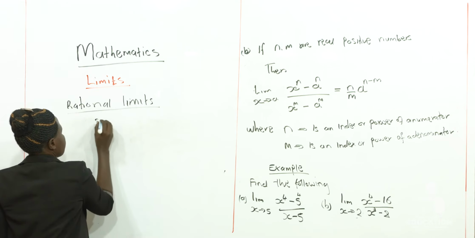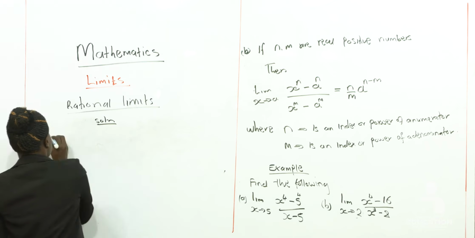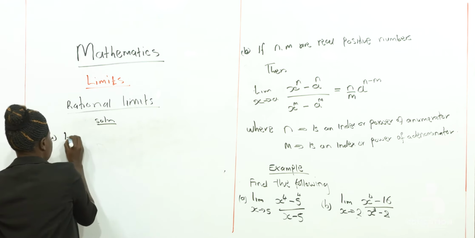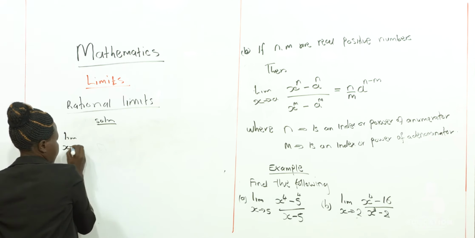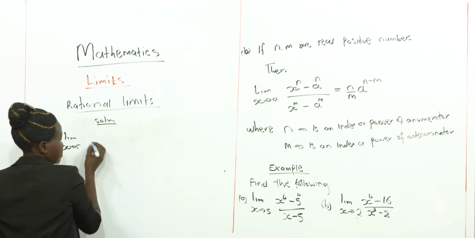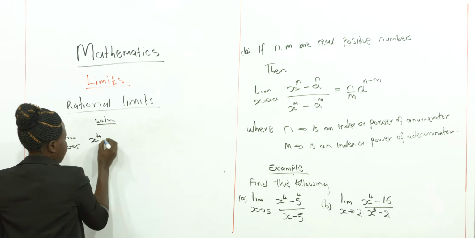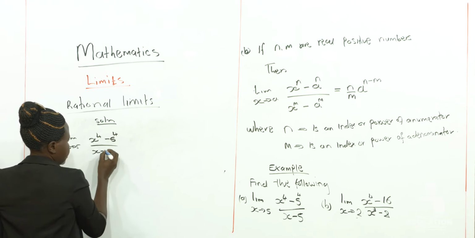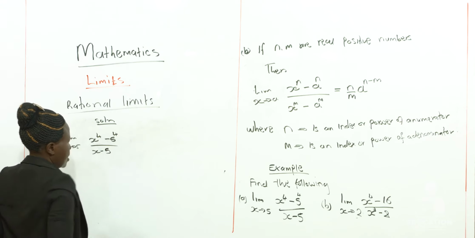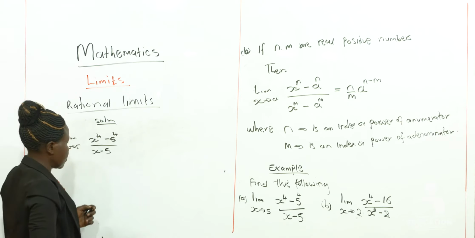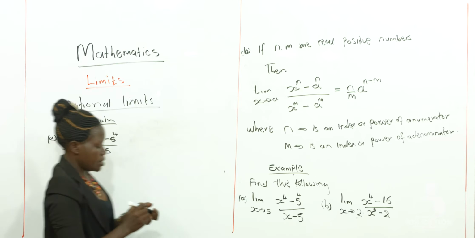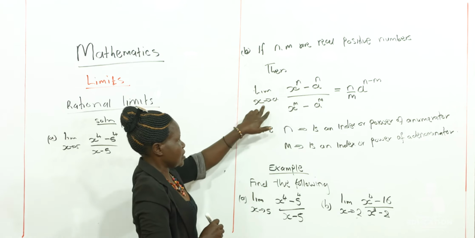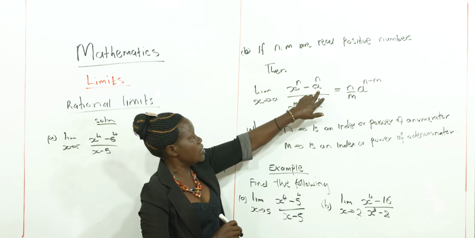So you say solution. Part A, they have given us the limit as x approaches 5 of x raised to 4 minus 5 raised to 4 over x minus 5. Dear learners, what I want you to understand is that a will be as in your expression here: where x is approaching, that is the value of a.